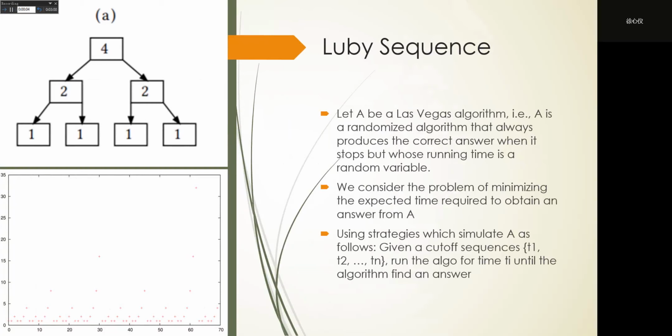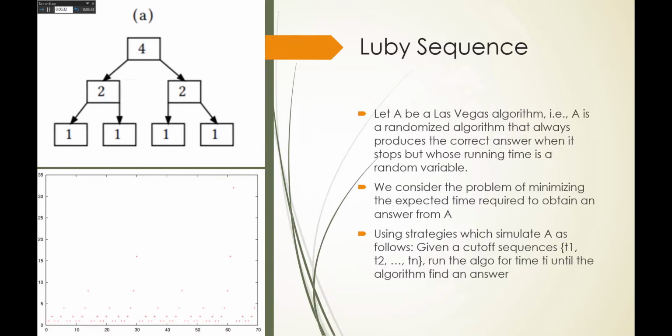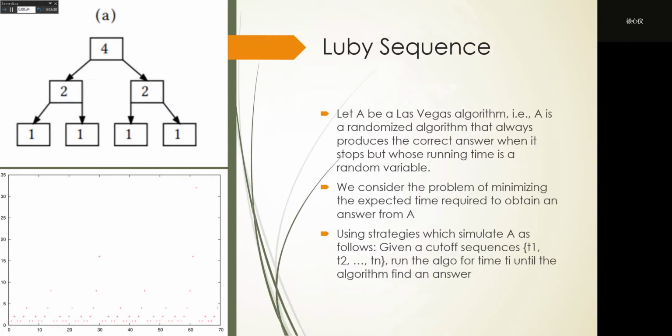So actually, we first need to know what a Las Vegas algorithm is. In short, it is a randomized algorithm using tree search. In short, that is a stochastic tree search program, and you can always produce a correct answer when it stops, but the running time is a random variable.